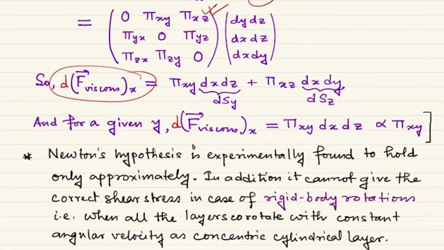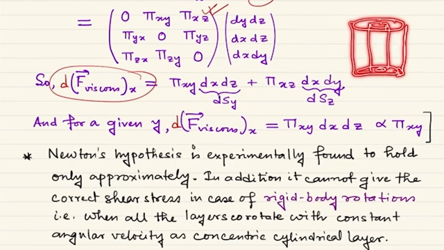Although it is moderately valid for most of the fluids we encounter, if the fluid is rotating following a rigid body rotation, that means all the layers of the fluid, just think of imaginary concentric cylinders, and the fluid is rotating in concentric cylinders with constant angular velocity.